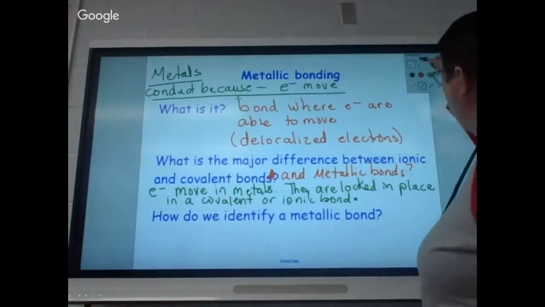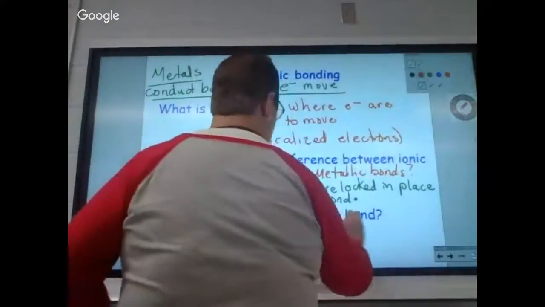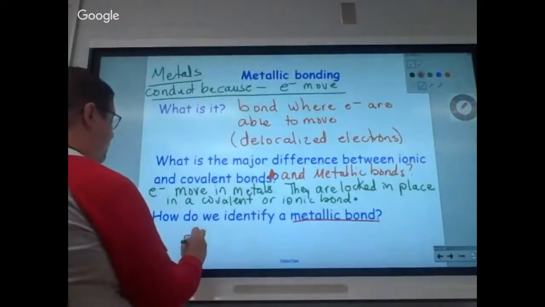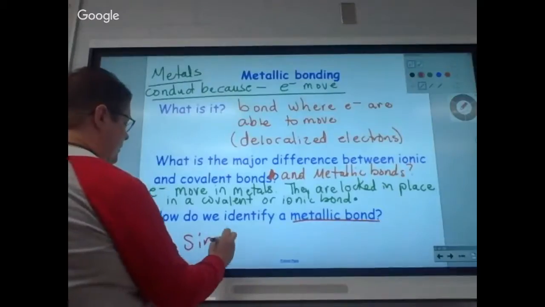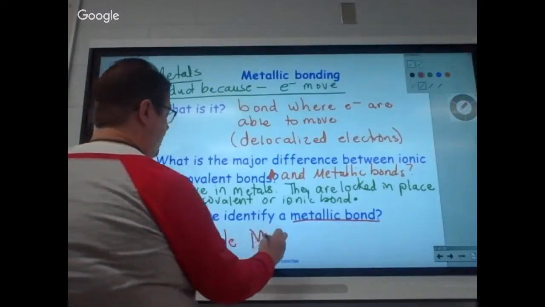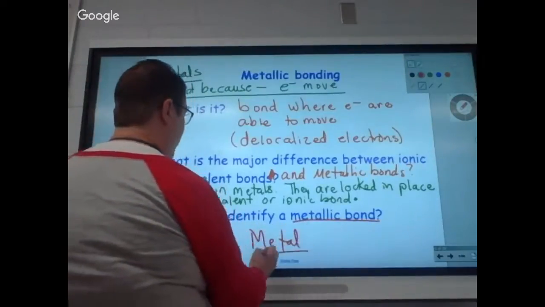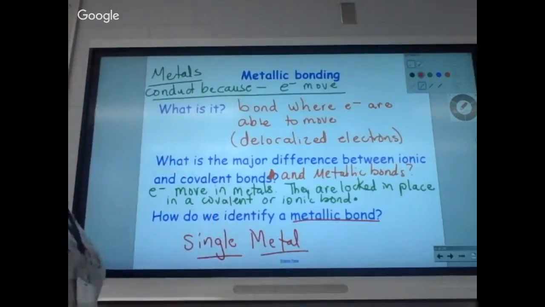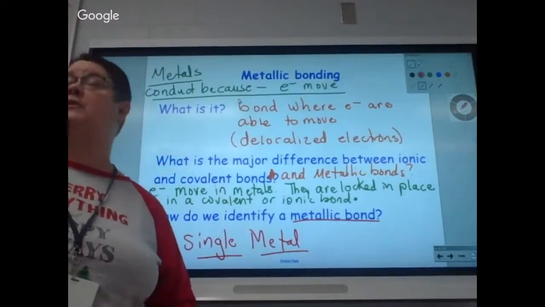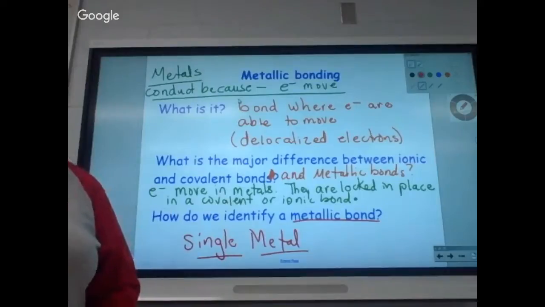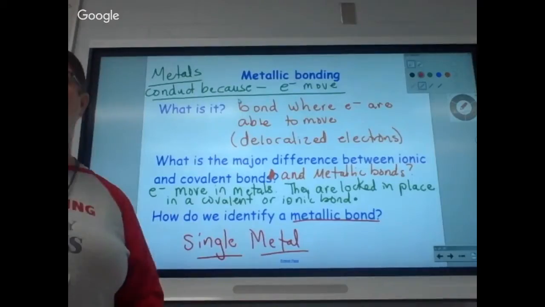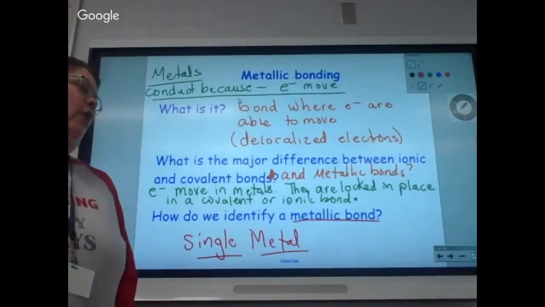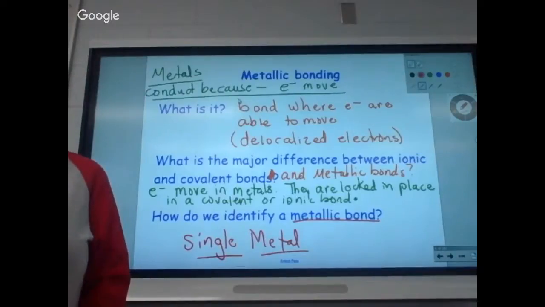Now, how do we recognize a metallic bond? For our purposes in this class, it will be a single metal. They are not going to ask you about combinations of metals. You're in physical science, okay? Now, if they say something like sterling silver, it's an alloy.